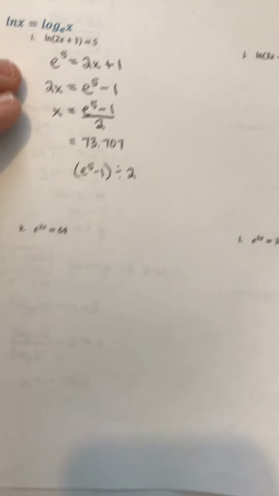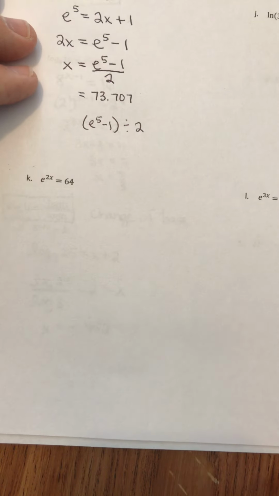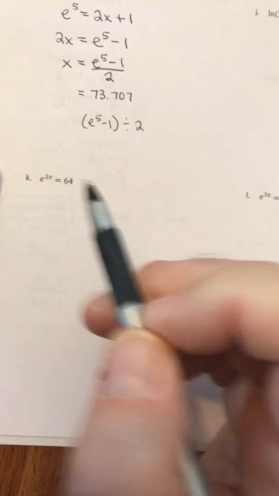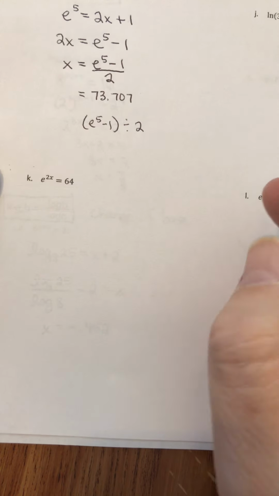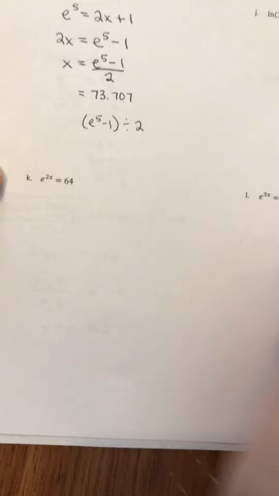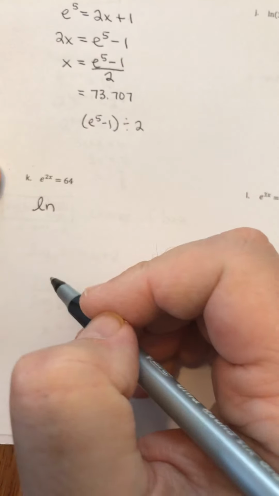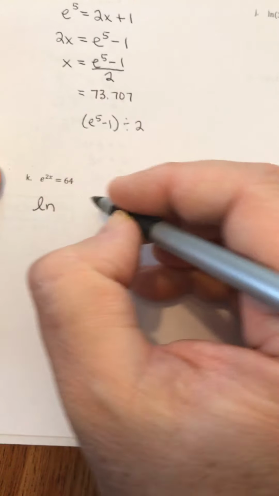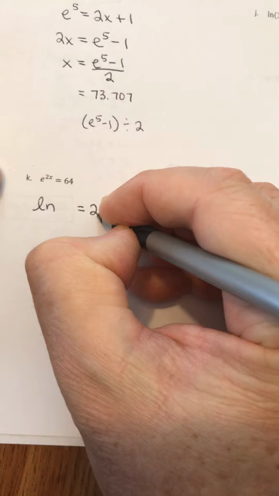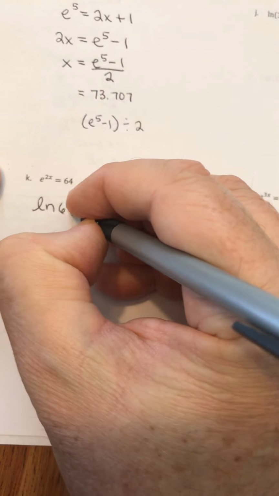This is an exponential function. Exponential growth, if you remember, because that's 2.7, which is larger than 1. It's an exponential function here. But I can't type this in my calculator, so I'm going to write it in log form. But because I have a base of e, I use natural log, because natural log has a base of e. The exponent always goes on the other side of the equal sign, therefore the 64 goes here.